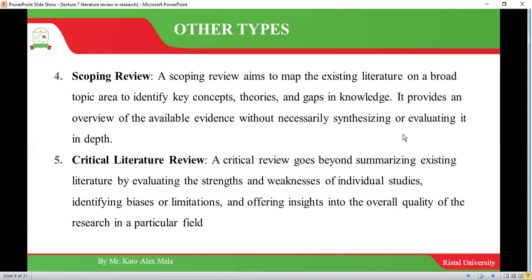Or you might not consider the weaknesses, but you can consider the strengths of your study over those available studies. I guess you get it. As far as weaknesses are concerned, you were considering weaknesses of those studies. But if you don't look at weaknesses, you might look at your strengths and say that, yes, the studies available are talking about chronic diseases. However, they were limited to hypertension and asthma.